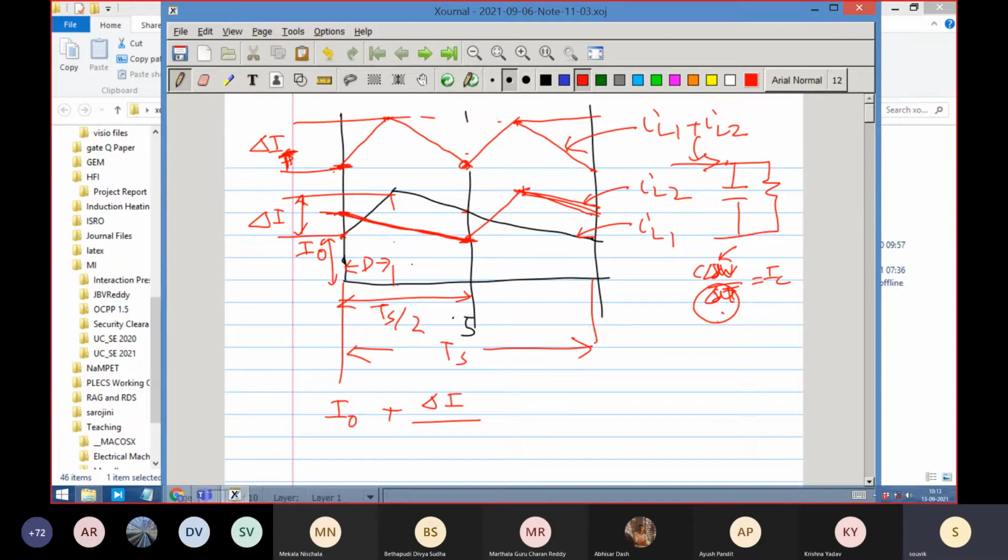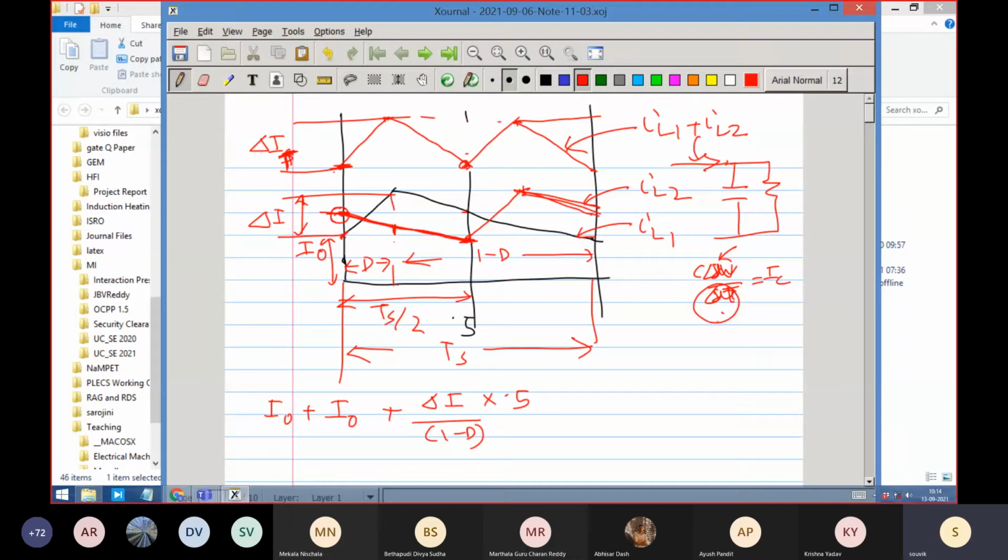This is D and this is 1 minus D. Therefore the fall current has a slope of delta I by 1 minus D, and it is going up to 0.5. So that would be the value of the ripple at this point due to the red current. Red current initial value is I naught. So the total is I naught plus delta I naught would be the current at this point.